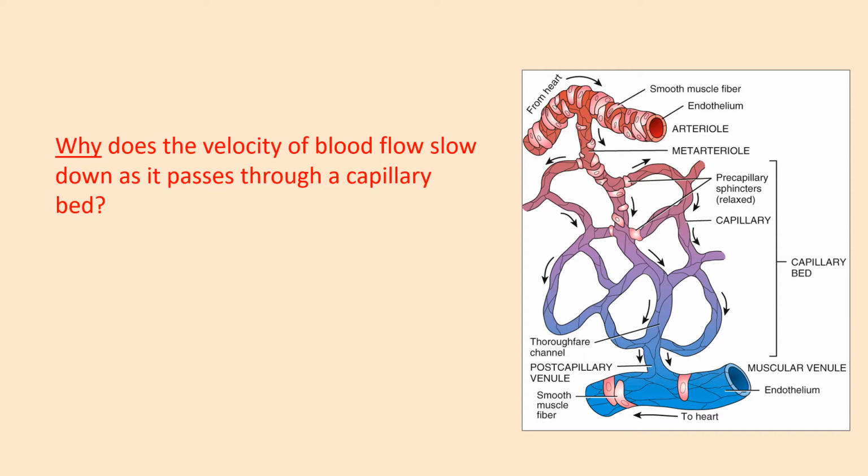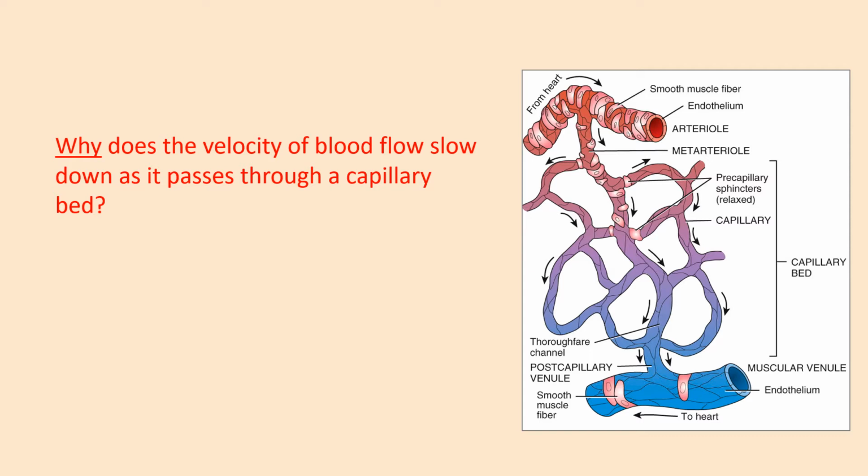Well, it turns out that there is friction between the liquid that's flowing through a tube and the wall of that tube. And that friction is responsible for slowing the flow of blood down. And the degree of friction is related to the diameter of the tube. So if we look at the diameters of the tubes shown here, we have arterioles, we have capillaries, we have venules.